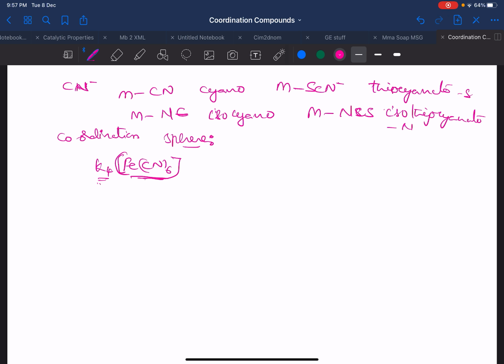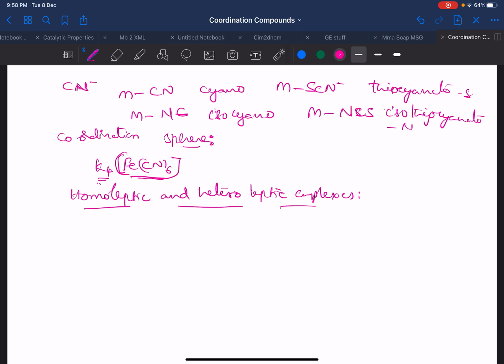And next important one is homoleptic and heteroleptic complexes. What are homoleptic and heteroleptic complexes?